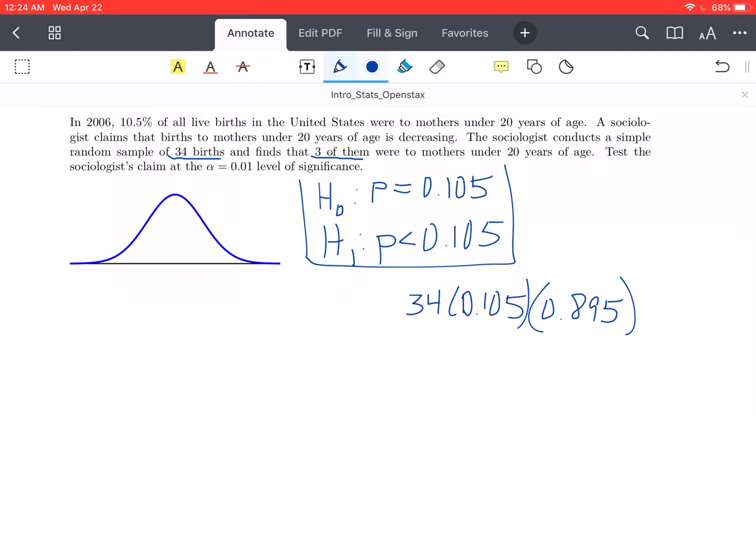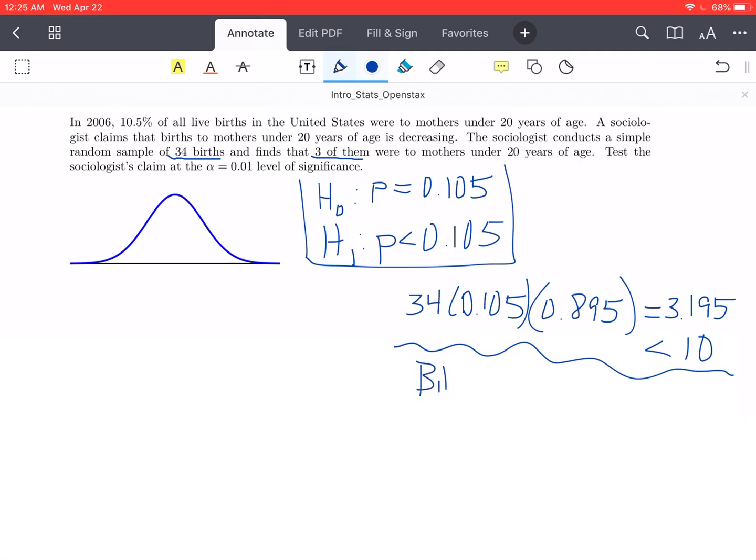And this value is about 3.195, which is certainly less than 10. So this is not approximately normal.